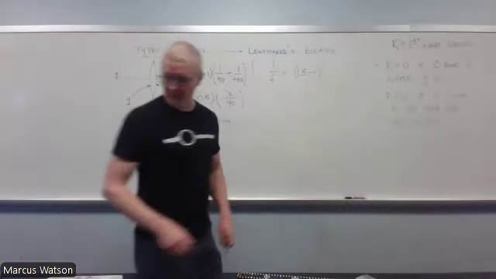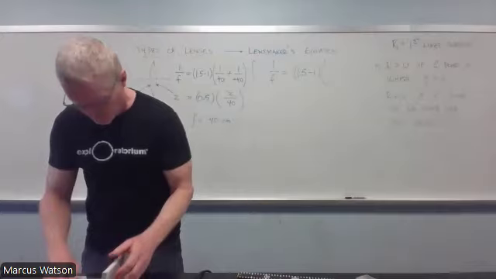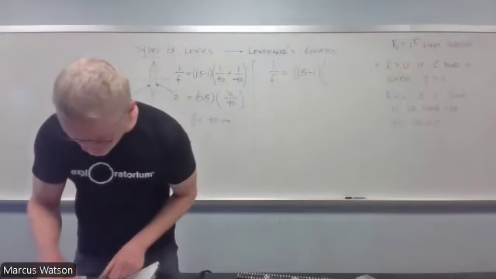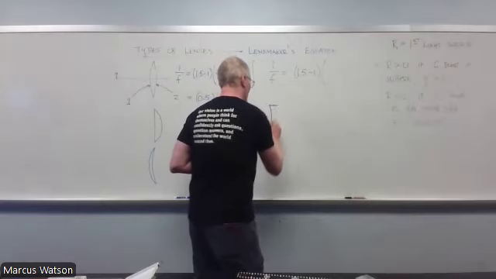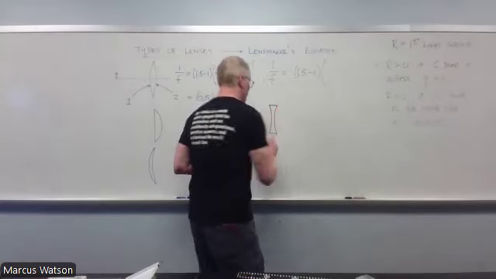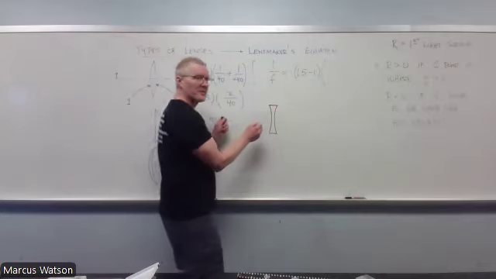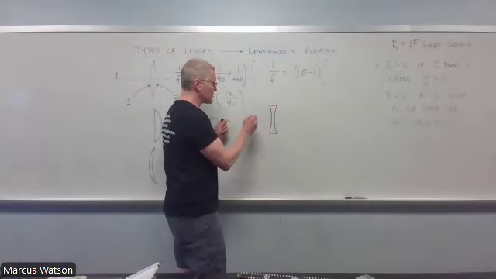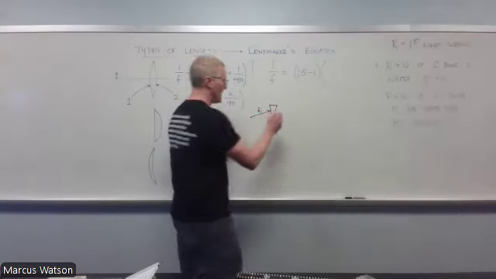Now, if I look at the diverging lens, oh wow, I guess I should have been using this for a long time. If I look at the diverging lens, surface number 1 has a radius over here. That's R1.